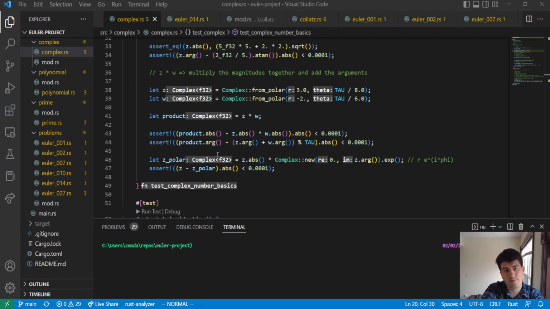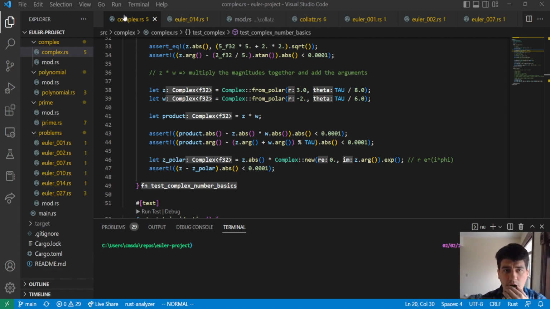Let's do something similar for multiplication. There's multiply. And here, again, I wonder, is the multiplication rule the same? No, it's not. What's the multiplication rule? Let expected be.